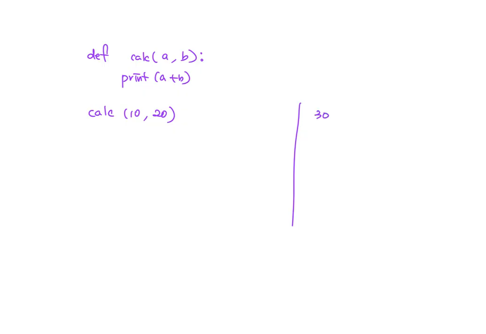When two values are provided, A and B will be defined as integer variables with the numbers 10 and 20. And then when you add them, you get 30.